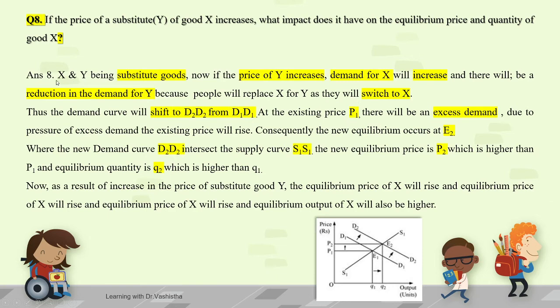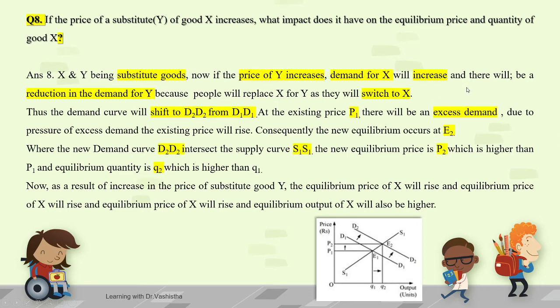Since we already know that X and Y are substitute goods, if the price of Y increases, demand for X will increase. There is a direct relationship because they are substitute goods. So if the price of one good increases, it can be replaced by the other substitute good, which is comparatively cheaper.